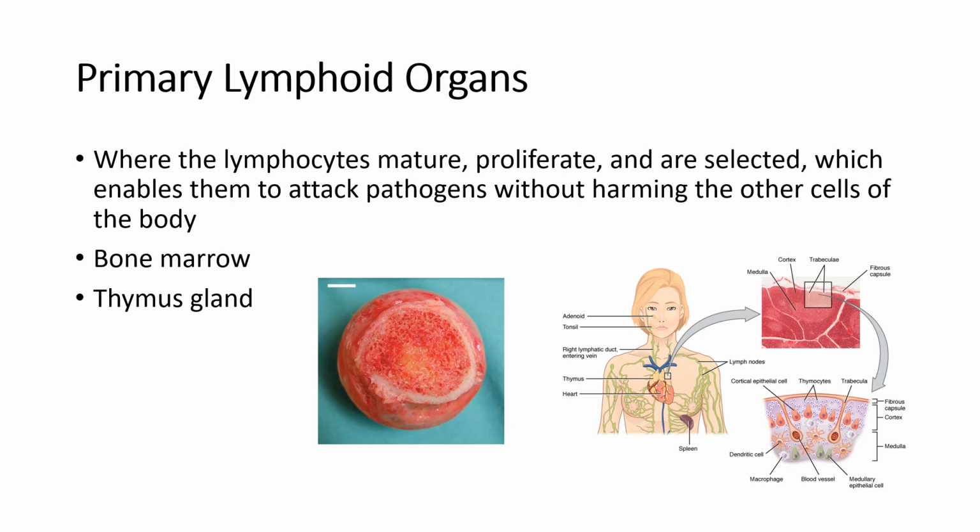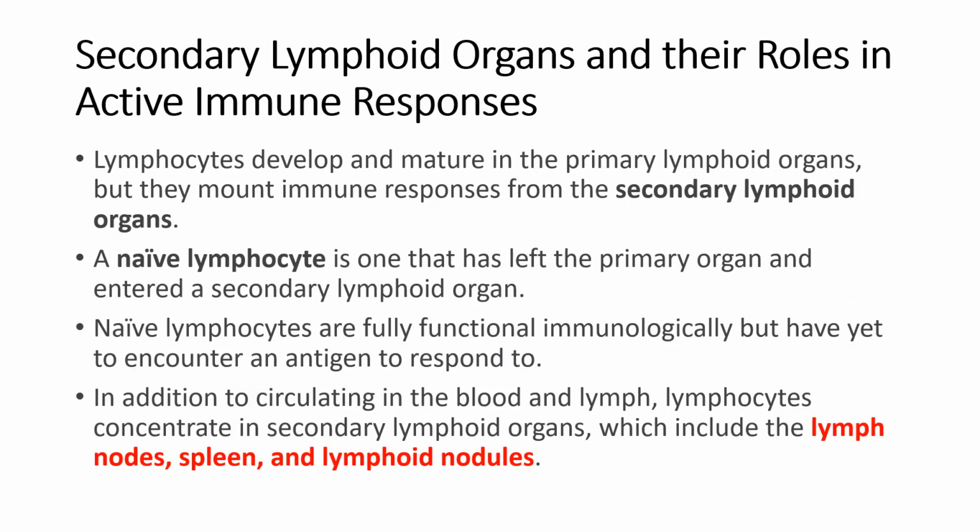Okay, so the primary lymphoid organs are the bone marrow, where all the cells are produced and where B cells stay and mature, and the thymus gland, where T cells mature. There are also secondary lymphoid organs. So the lymphocytes develop and mature in the primary lymphoid organs, so the bone marrow and the thymus, but they mount immune responses from the secondary lymphoid organs.